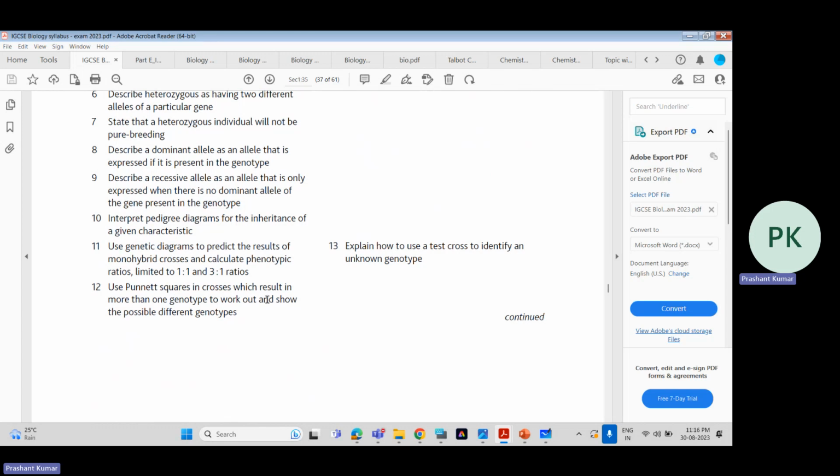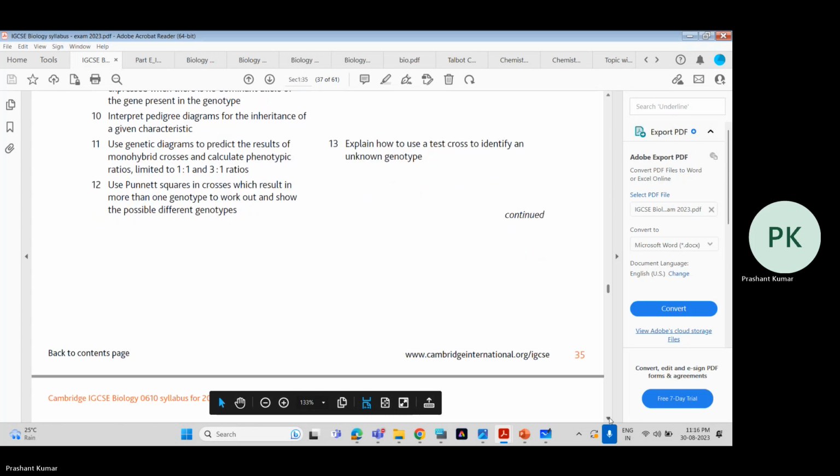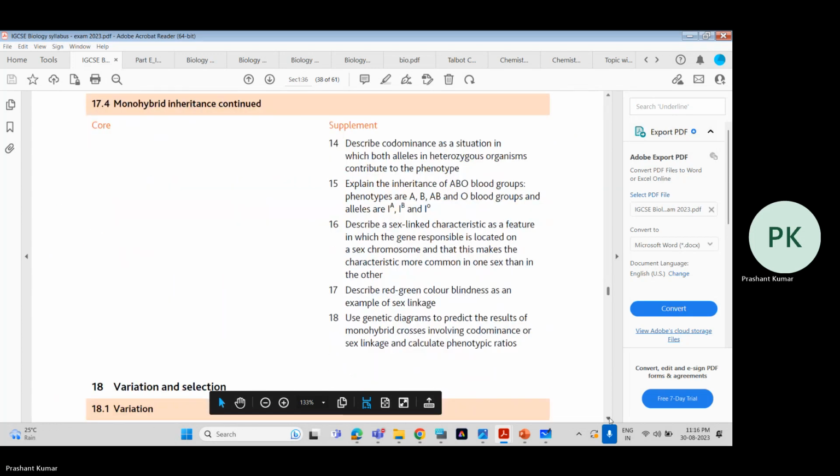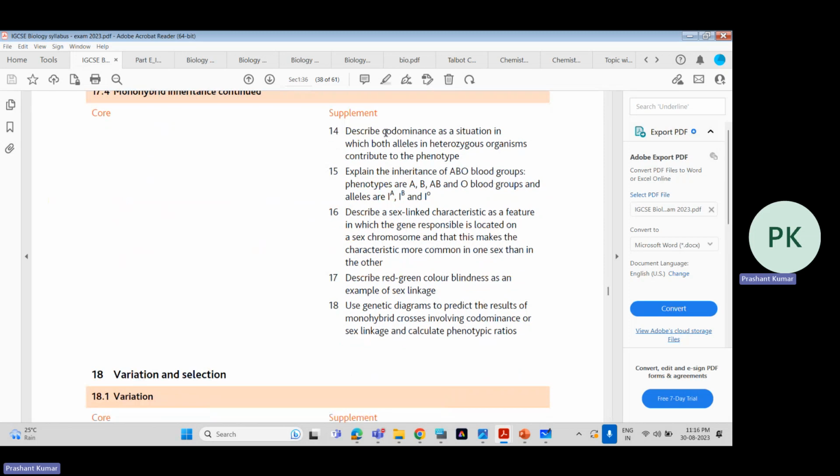You'll use a Punnett square in a cross which results in more than one gamete to work out, and explain how to use a test cross to identify an unknown genotype. Then we'll talk about codominance, for example blood group inheritance, and sex-linked inheritance, right?